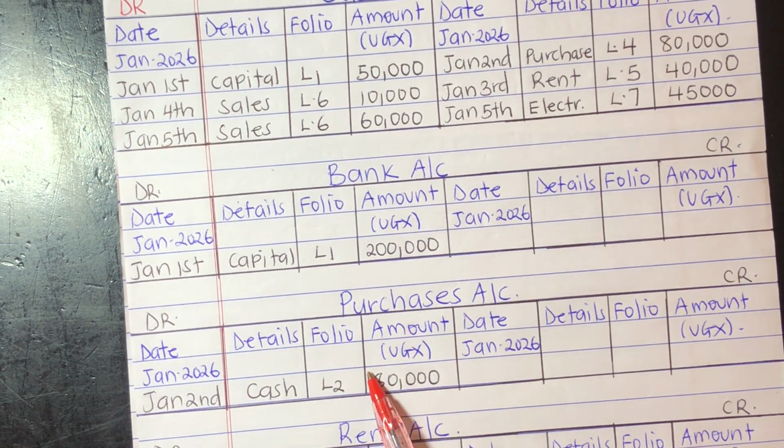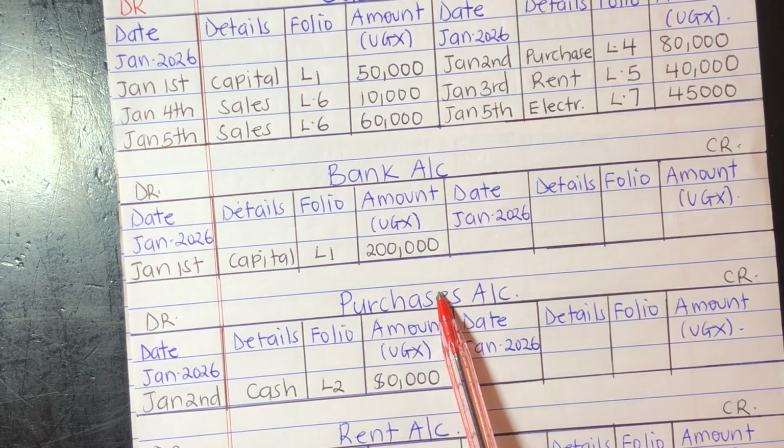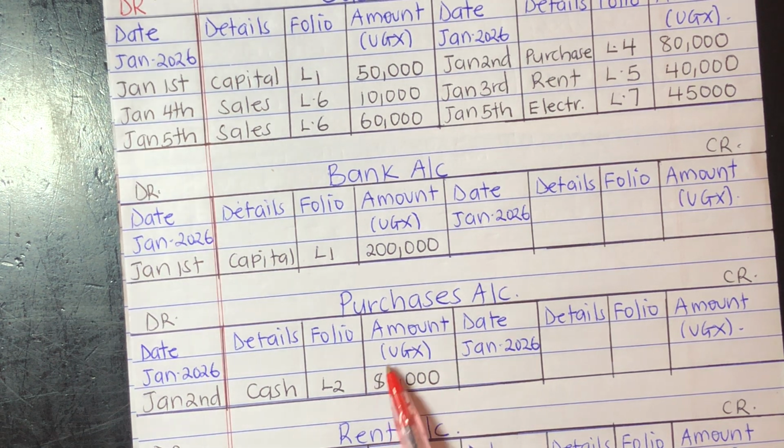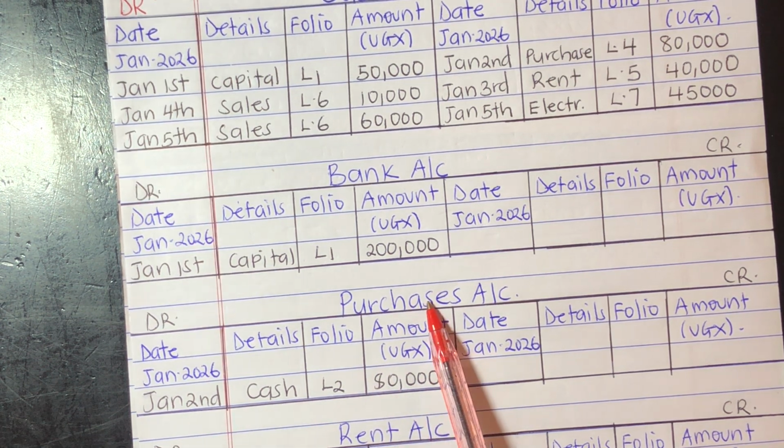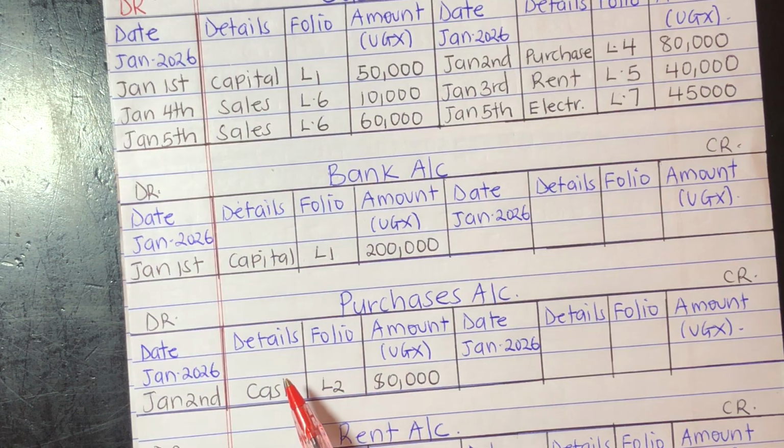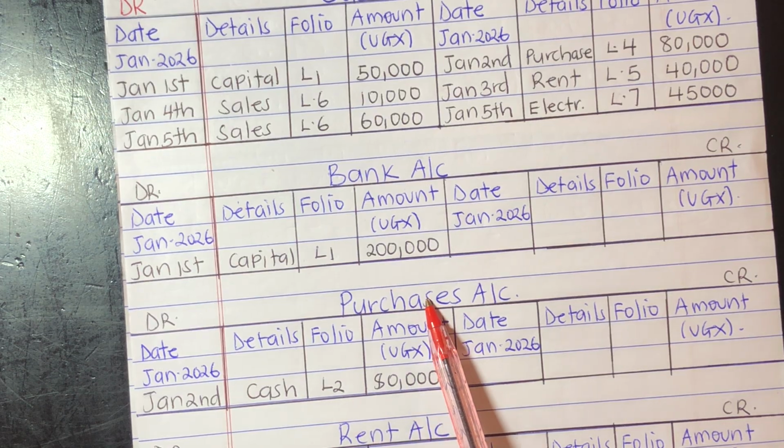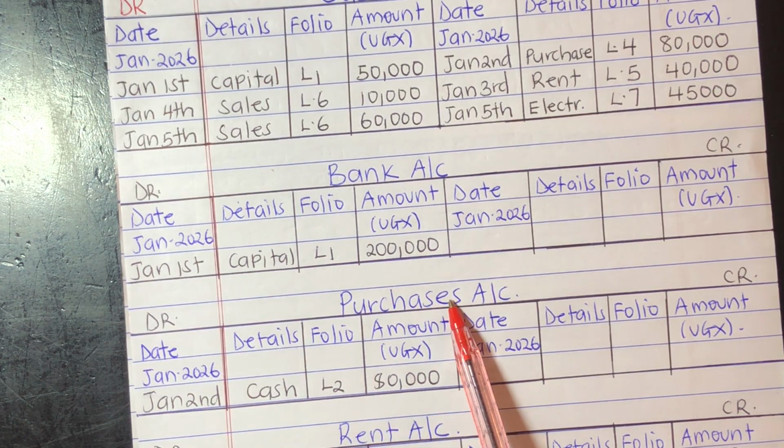When an expense increases, we debit it, and when it reduces, we credit it. So in this regard, it was increasing. So if we purchased or bought goods for cash UGX 80,000, we are going to debit the purchase account because it was gaining the commodity bought.